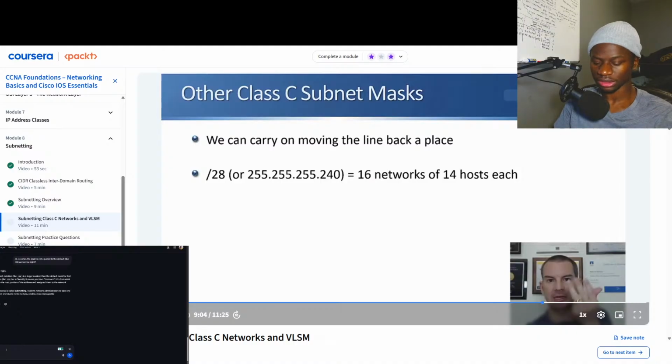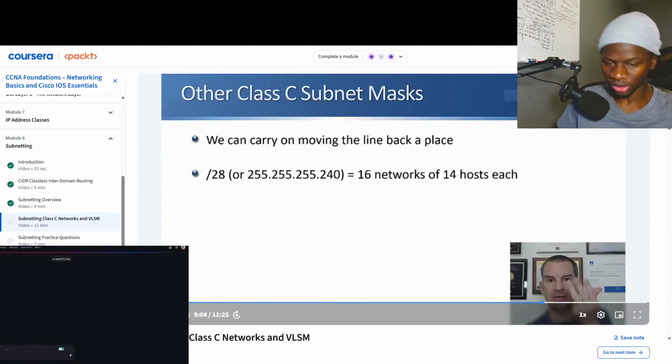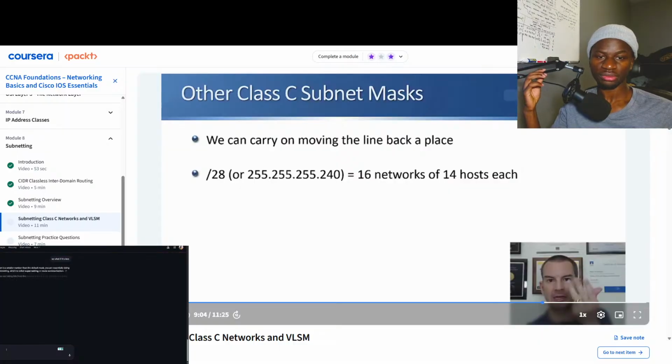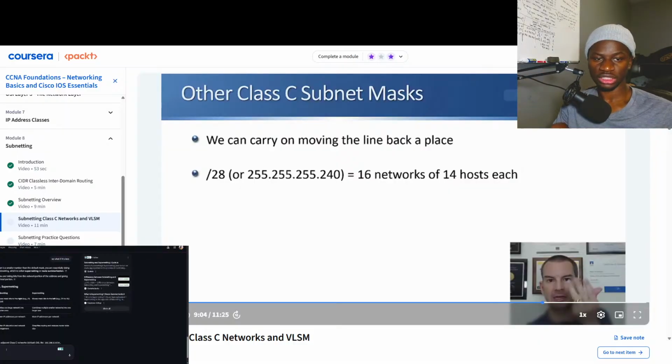So what if it's less? If the slash notation is smaller than the default mask, you are essentially doing the opposite of subnetting, which is called supernetting or route summarization. In supernetting, you are taking bits from the network portion of the address and giving them back to the host portion.